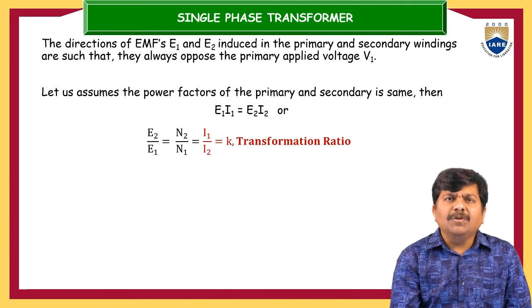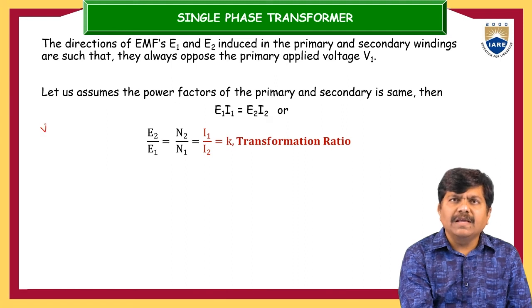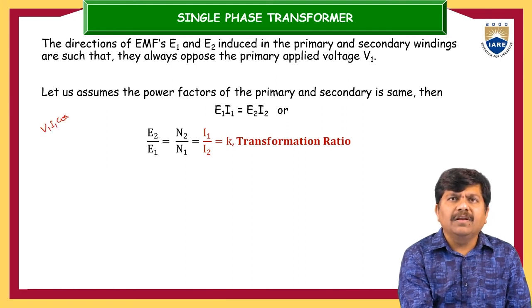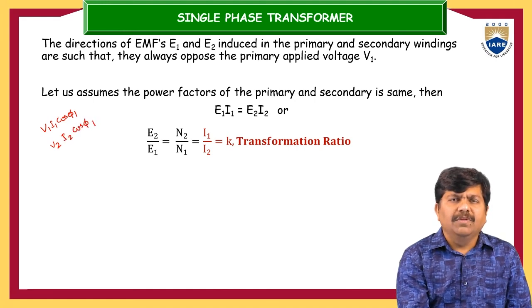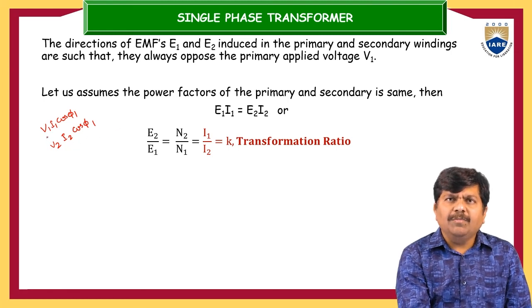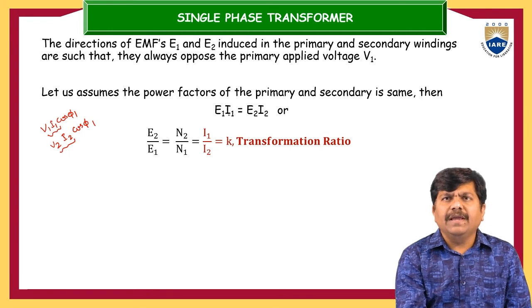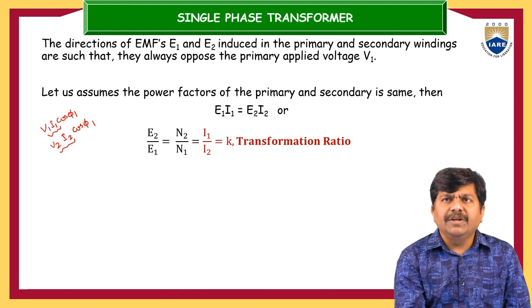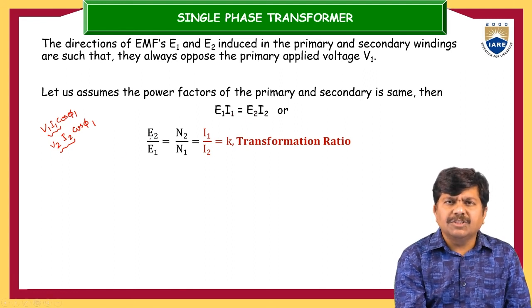Then the single phase power formula is V1 I1 cos phi 1 for the primary, and for the secondary winding it is V2 I2 cos phi 2. If the power factors are the same, then whatever the V1 and V2 values, E1 I1 is equal to E2 I2, because it is the change of electrical power from one level to another level.